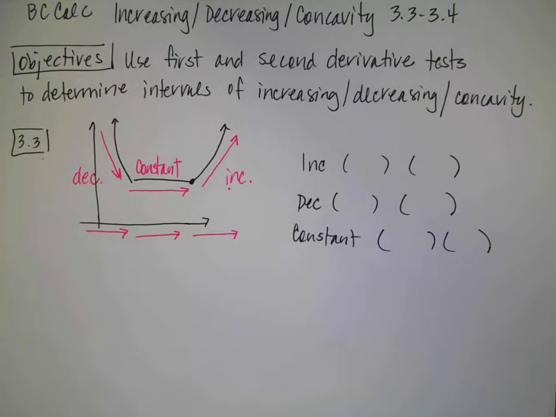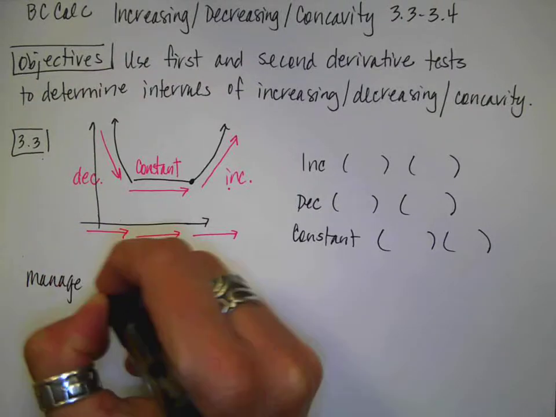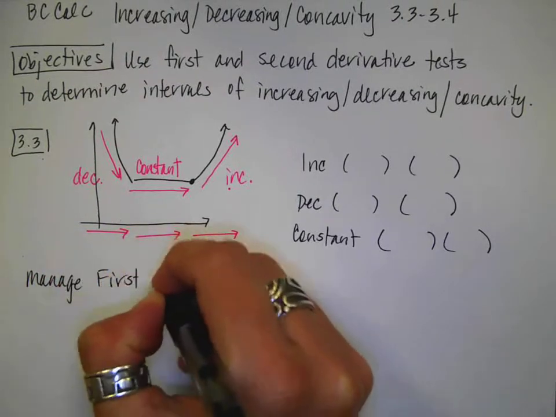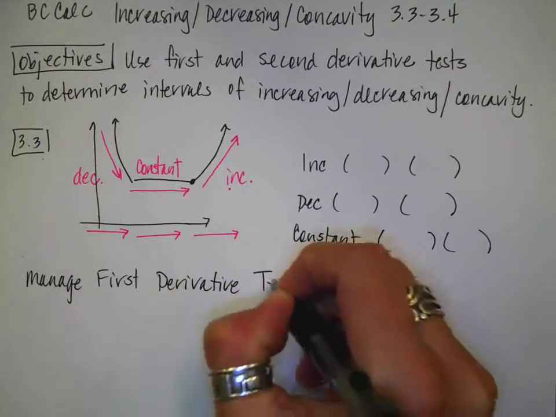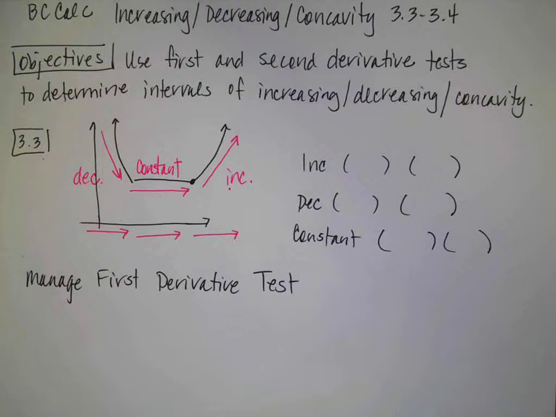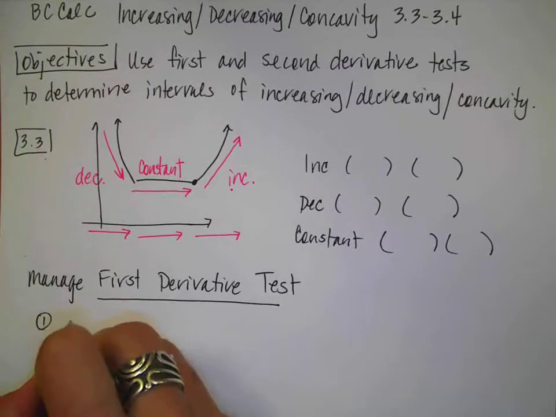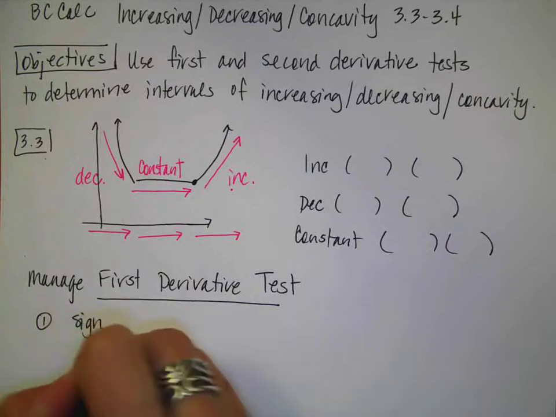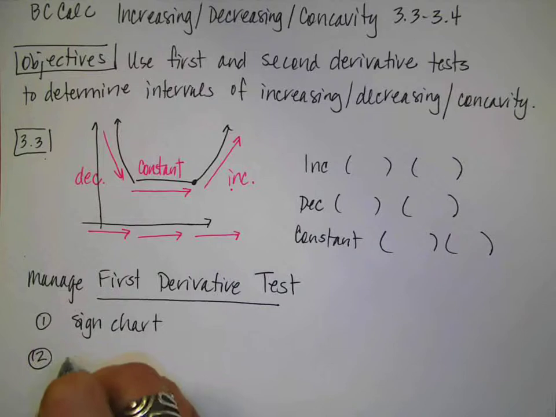There's two primary ways to manage the first derivative test. And I'm going to actually use a combination of the two methods. So the first method that people like to use is they would use a sign chart. And then the second method is to use a tabular method.